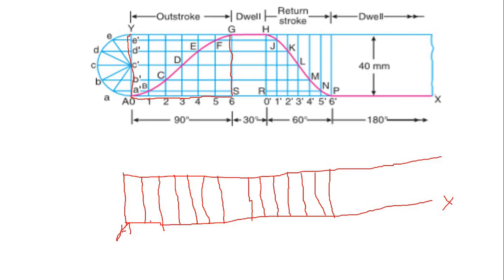Now the next process is to name the points. This is 0, this is the point A, this is 0, this is 1, 2, 3, 4, 5, 6, and in the return stroke we name them 0 dash, 1 dash, 2 dash, 3 dash, 4 dash, 5 dash and 6 dash.